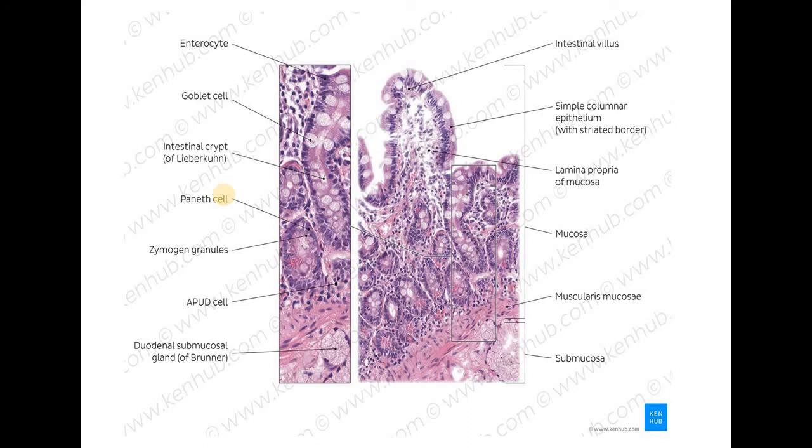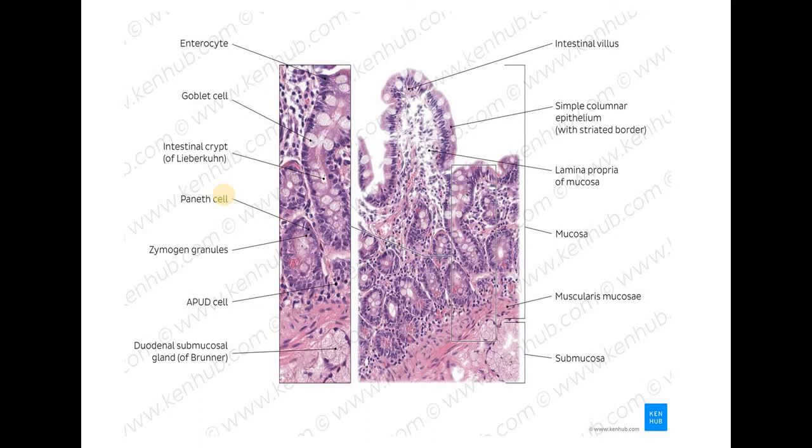There is a group of larger cells, the cells of Paneth, found at the base of the gland. These cells are larger than the surrounding cells, they have a pale nucleus, and they produce enzymes. Then there are also goblet cells, which produce mucus.